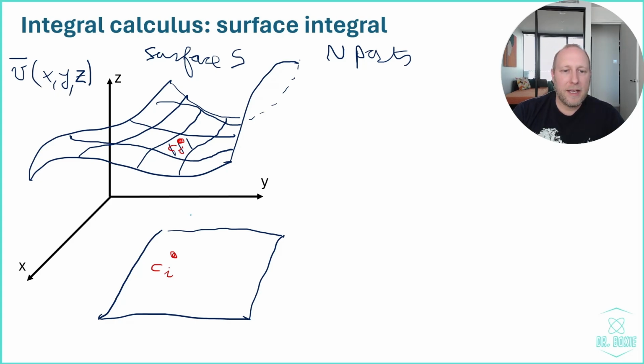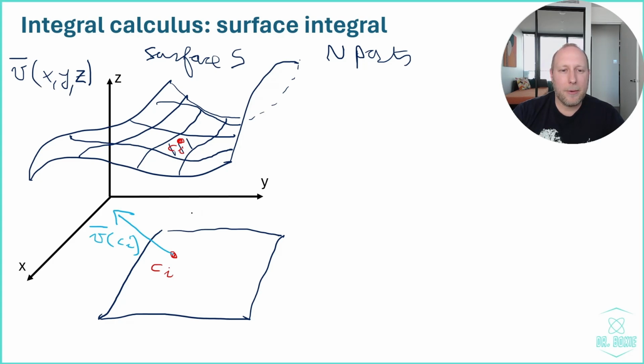Imagine that the vector field V at that point ci looks something like this. So this is V at the point ci. And to represent the flux through this ith part, what we need to do is to take the dot product of this vector V with the vector representing the area of this small part.